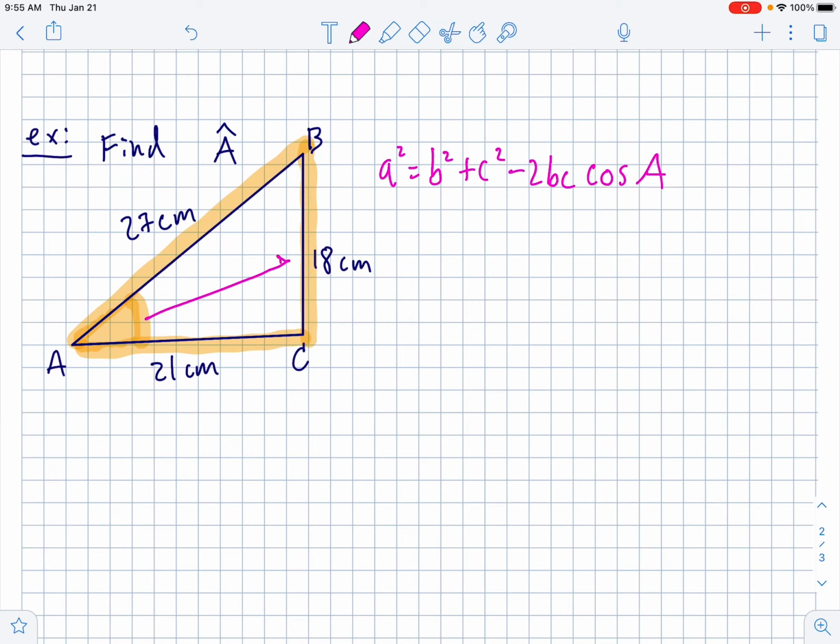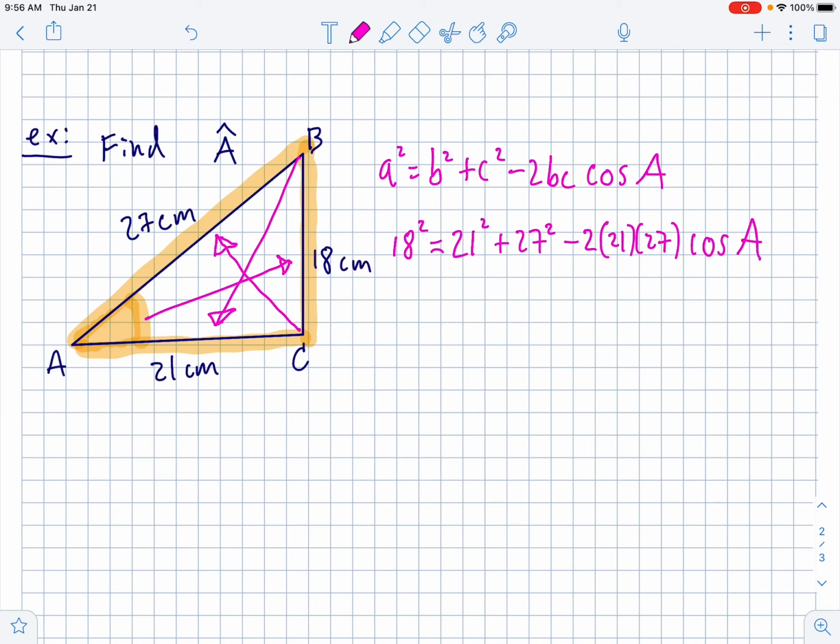Little a is directly across from capital A, so that's 18 squared is equal to, now little b is directly across from capital B, so this will be 21 squared, and then little c is directly across from capital C, so plus 27 squared minus 2 times 21 times 27, the guest stars, and then we don't know what capital A is.